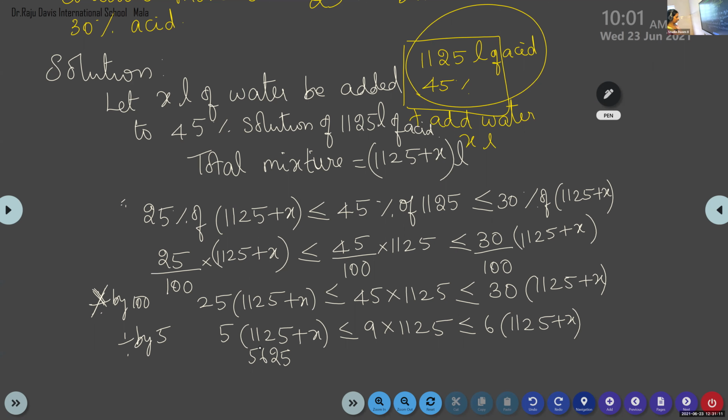Give the next step. 5625 plus 5x, less than or equal to 9 into 1125.